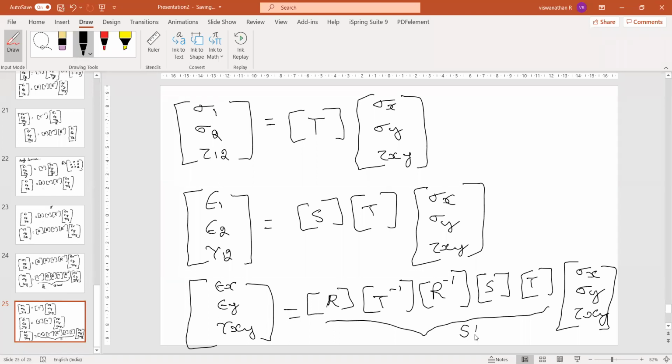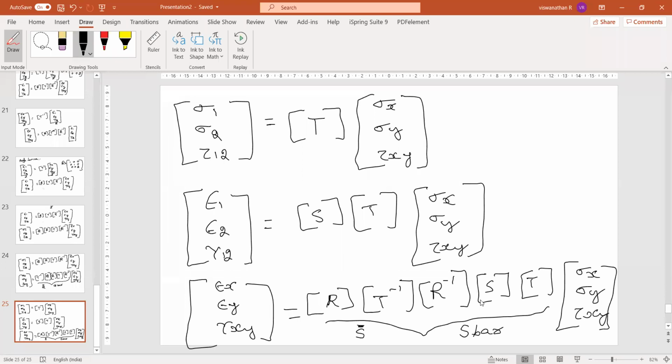See, if it was a zero degree lamina, then this was supposed to be only S, the compliance matrix S. But since this is an angle lamina, the relation between the global strains and the global stresses is given by S bar and not just S. Do you understand this?